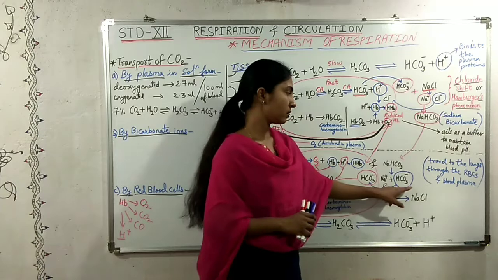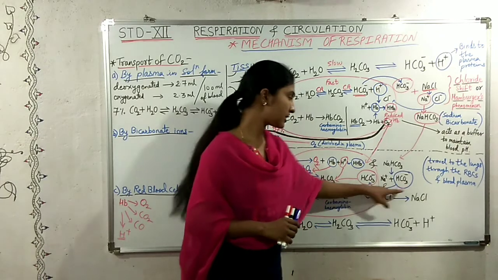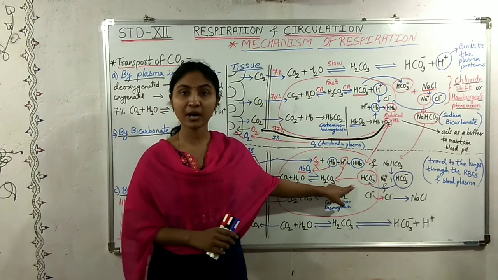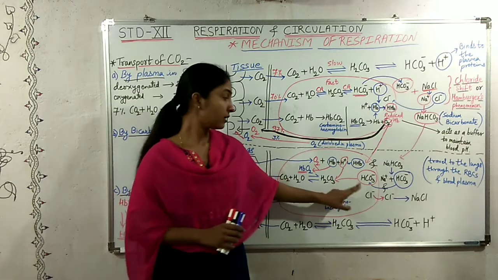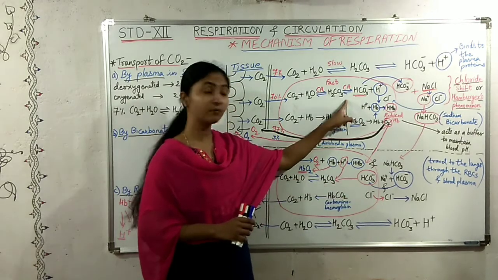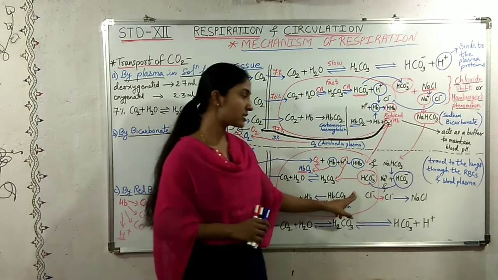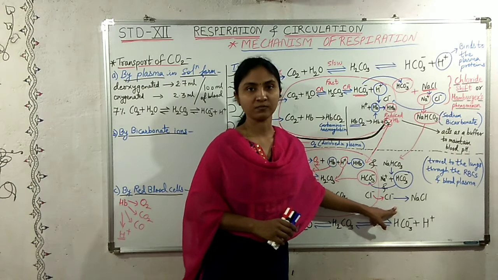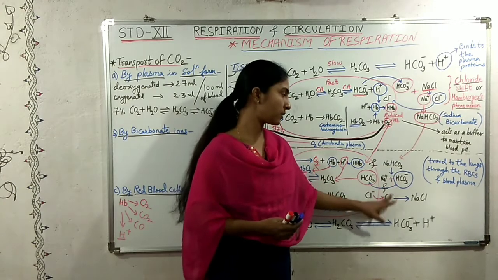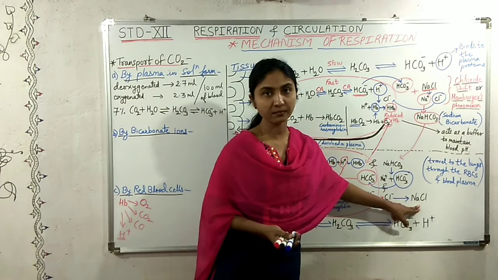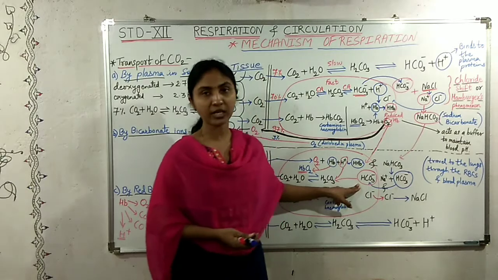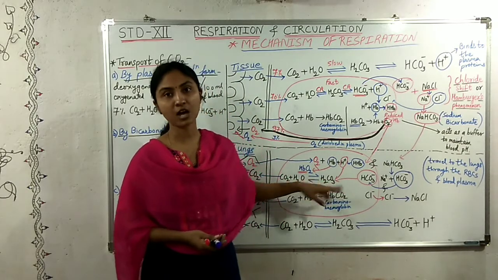Now what happens? This bicarbonate ion is taken inside by the RBCs, and the chlorine which was taken in, the RBCs now give out. So the chlorine and sodium combine to form NaCl again, and this bicarbonate ion is taken inside the RBCs.